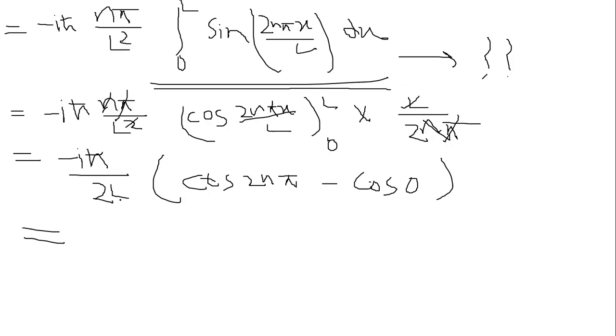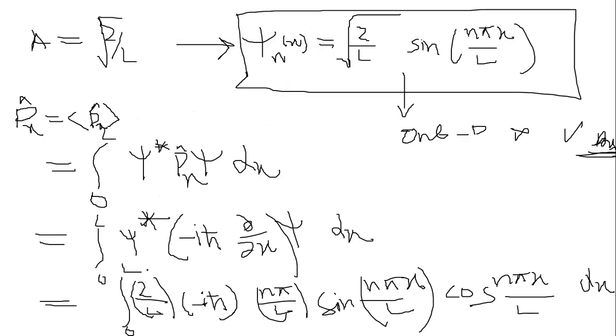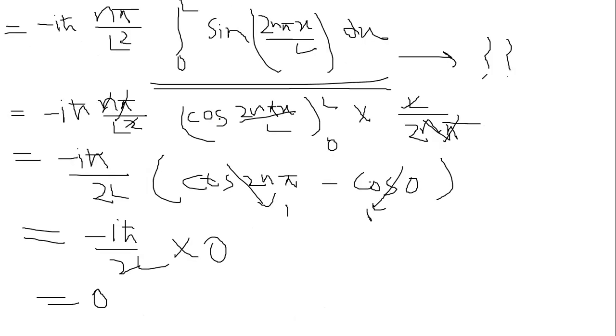It is 1. So cos 2n pi is 1 and cos 0 is 1 again. So 1 minus 1 is 0. So it will be minus i h cross by 2L into 0, which is 0. So here we got the expectation value of momentum is 0.